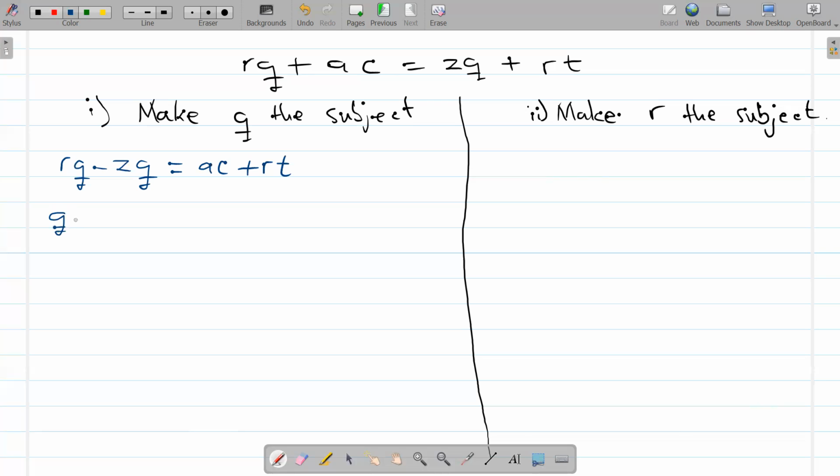So I did Q bracket R minus Z equals AC plus RT.